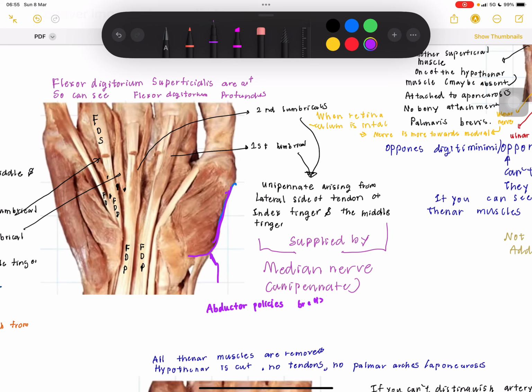And then just inward to that, we have flexor pollicis brevis.